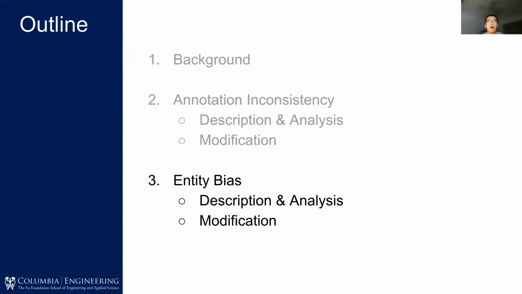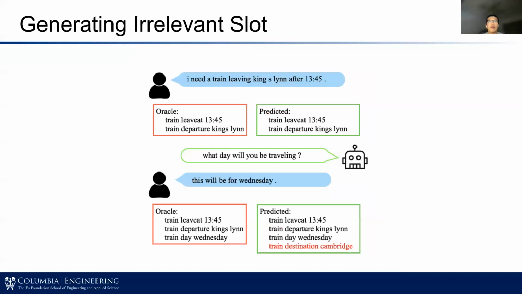As for the added bias part, we found an interesting phenomenon by analyzing the results generated by the SimpleTOD model. Like in this case, the model generated the slot train destination Cambridge, while the token Cambridge never shows up in the dialogue context. We then hypothesize that the model learns this token from the training data.